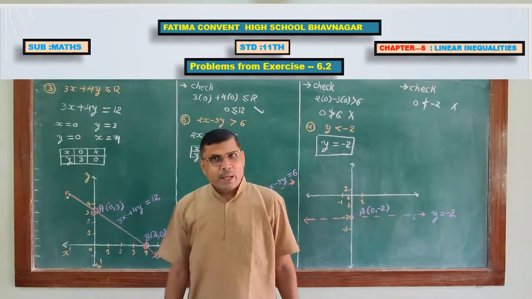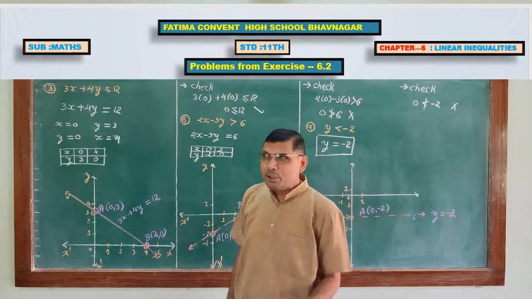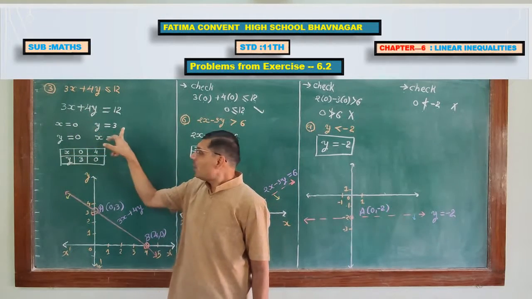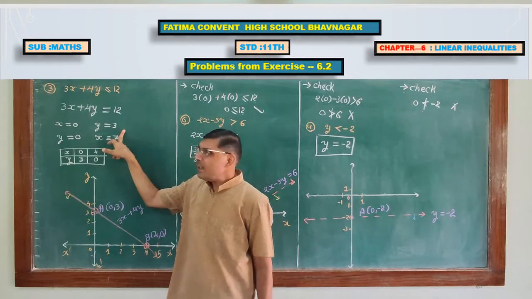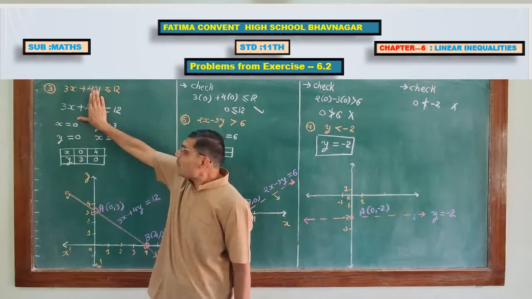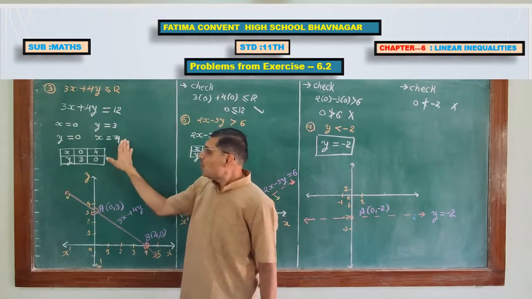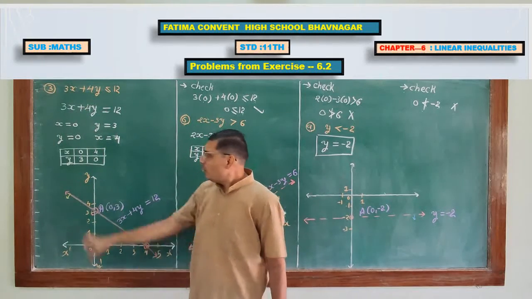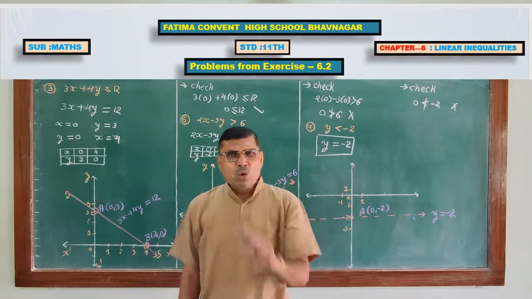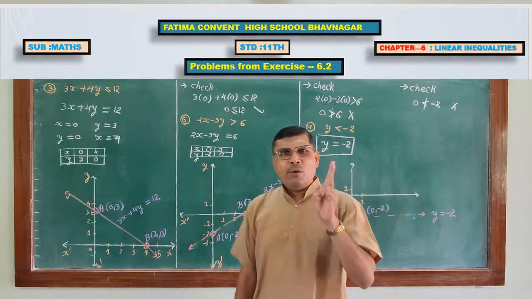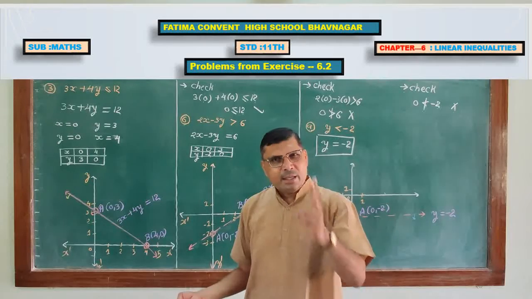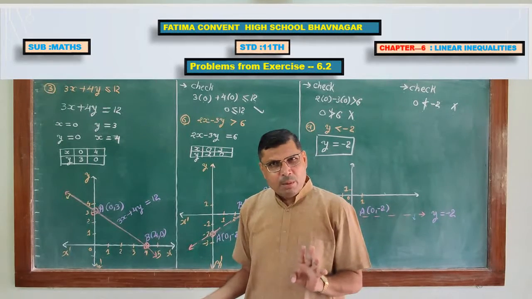You know how to draw a graph, but I will explain very quickly. First, take x equal to 0, so you will get y equal to 3. Then y equal to 0, so x equal to 4. So prepare a table: 0, 3 and 4, 0. Now I have two points, and the minimum requirement for any line is two points.